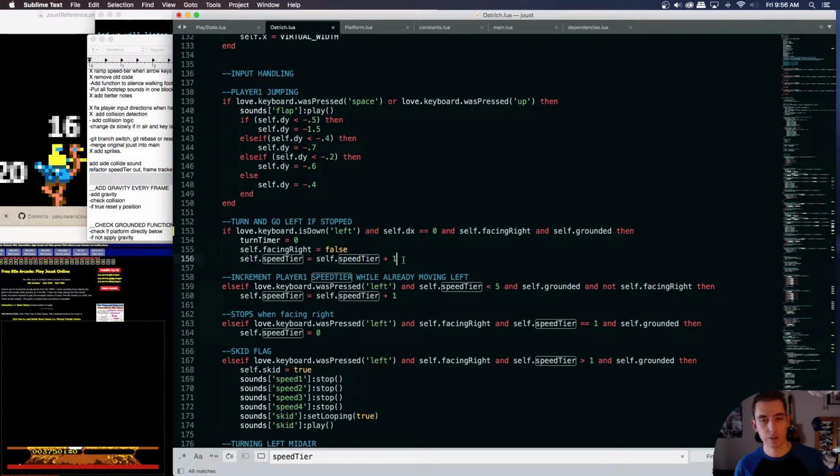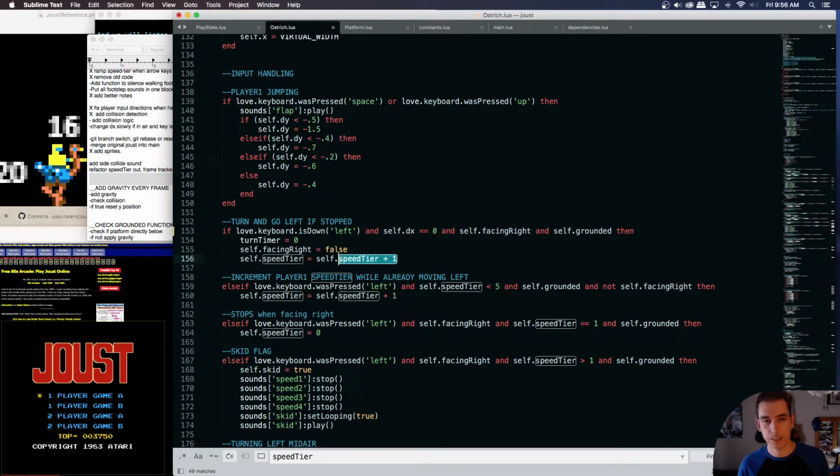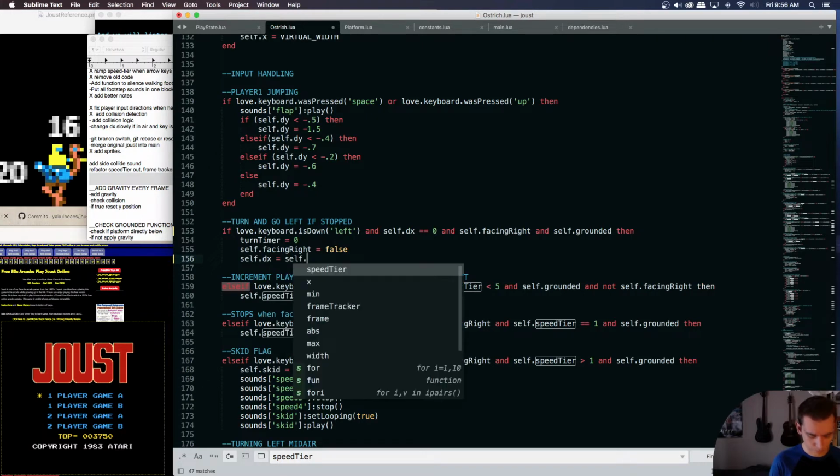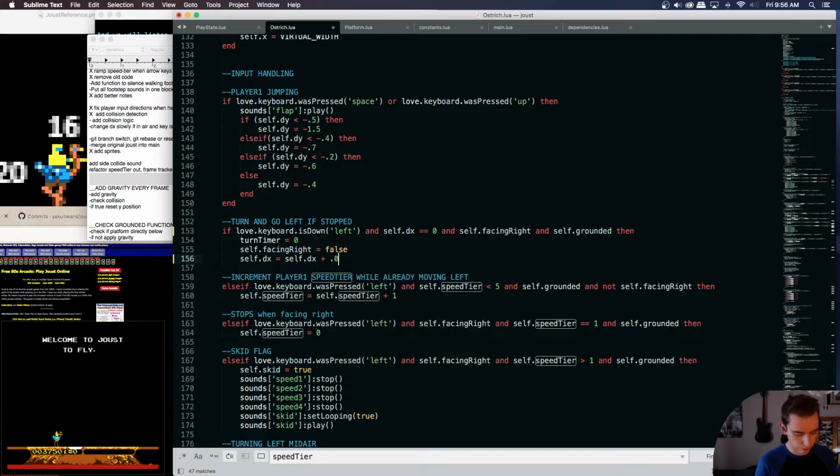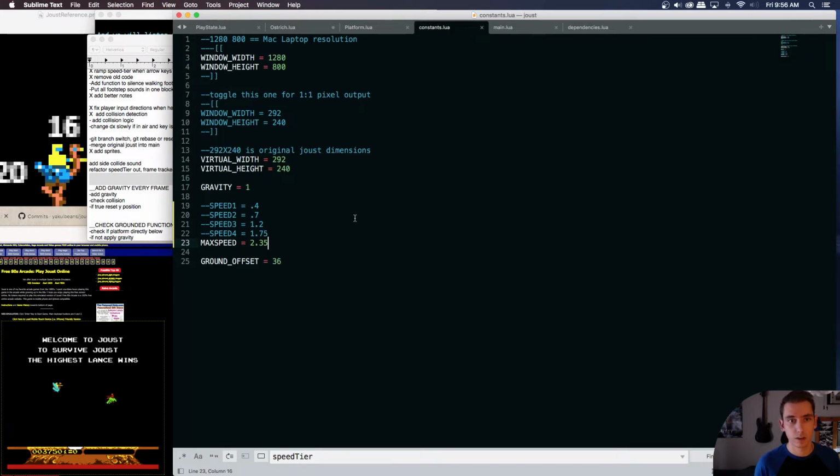Because anytime we're incrementing speed tier, it needs to check for continuous input because we're modifying our dx. So self dx gets our current dx plus this 0.0392, which we should probably code that here as speed ramp or something.